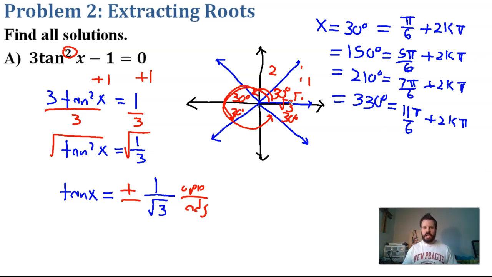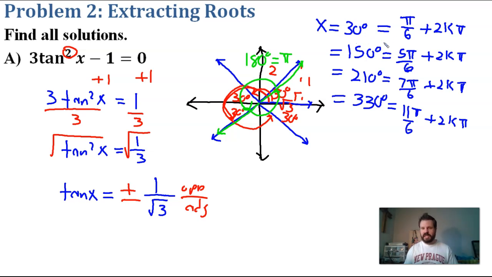Switch colors here. Notice that my first solution, the pi over 6, and the third solution, the 7 pi over 6, differ from each other by 180 degrees, or pi, okay, so a half rotation. So rather than having two separate solutions, expressing as two different ones, what I can do instead is put those together as a single solution, because every time I add a half rotation, I'll bounce back and forth between this first and third solution.